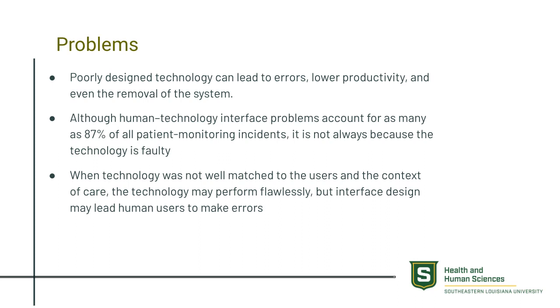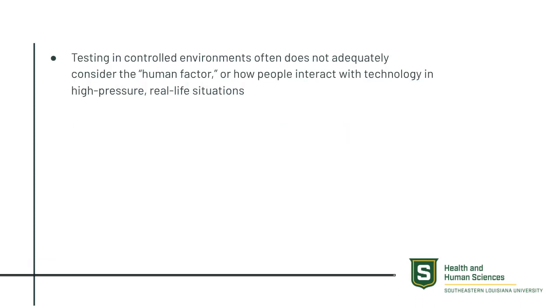The technology is flawless and performing the way it was designed to, but it's not well matched with the users, or with the context of the care delivery. And because of this being out of sync, it sometimes leads to human errors, and therefore a lot of problems in care delivery.